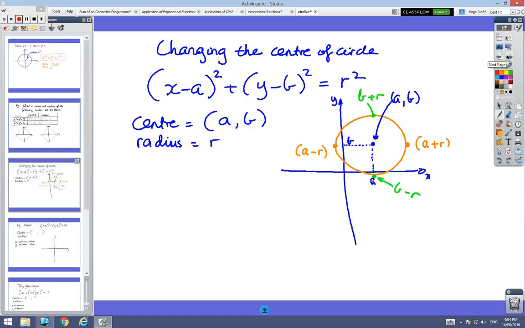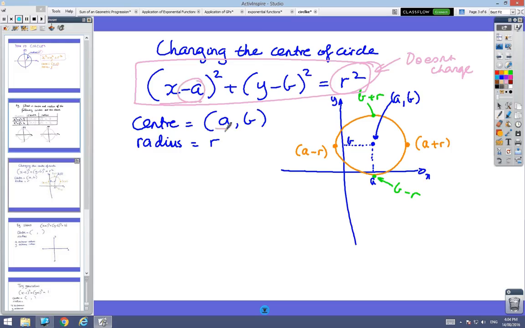Okay, rather than having the center at 0, 0, we can change it by putting x and y in brackets. The back end is still the same, that doesn't change. But what we can do is have numbers in brackets, and what happens is we take the opposite number. So if it's minus a, the center is a and b, and the radius is still r.